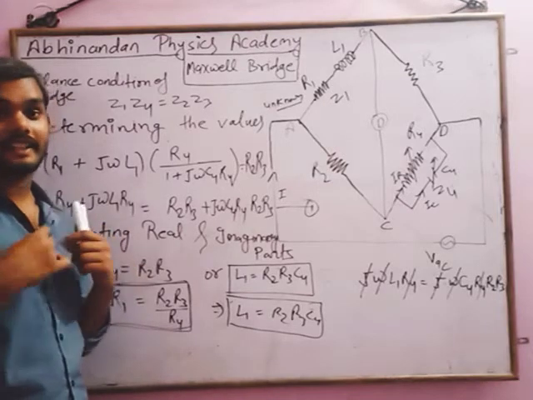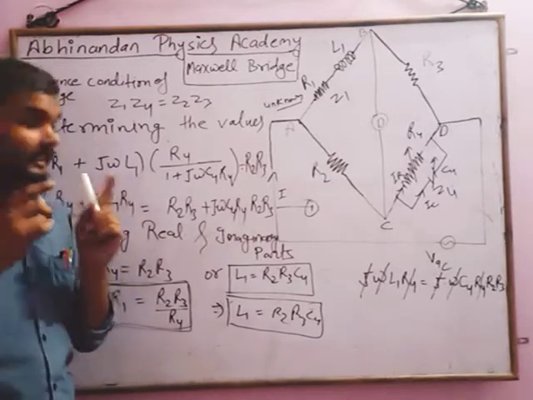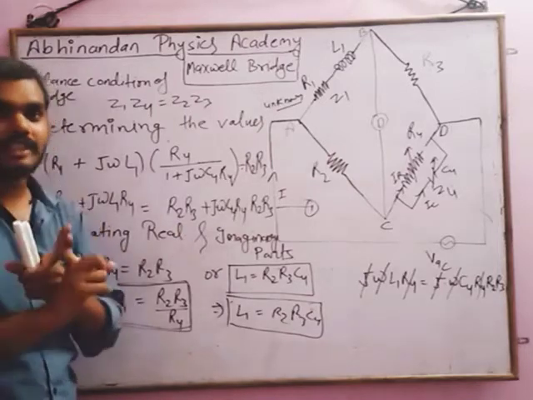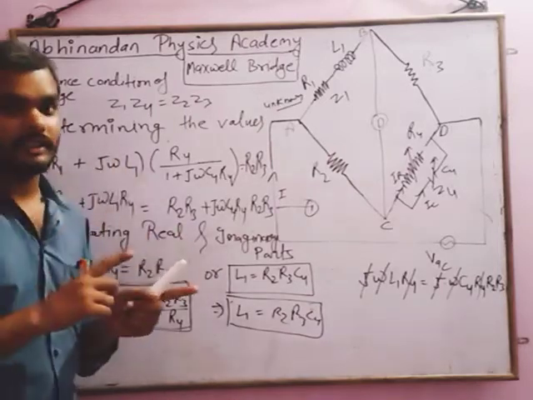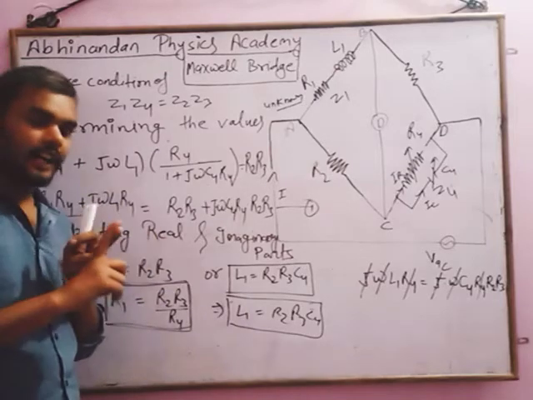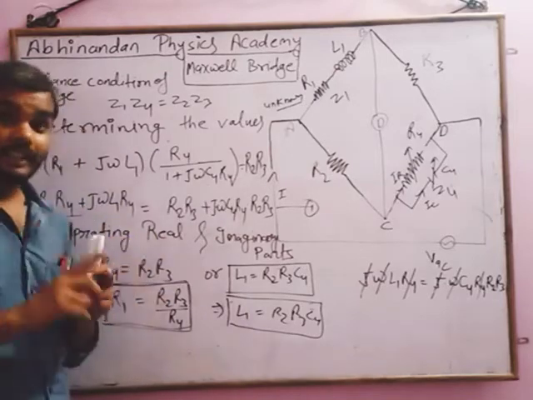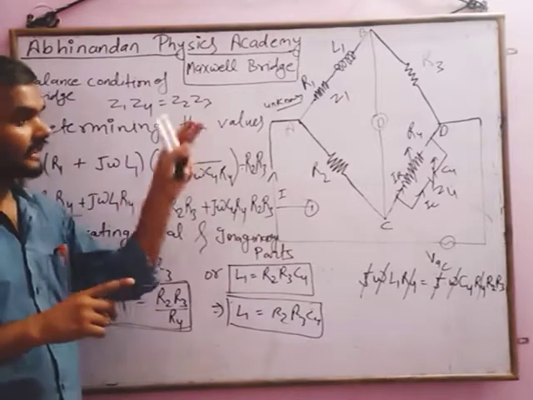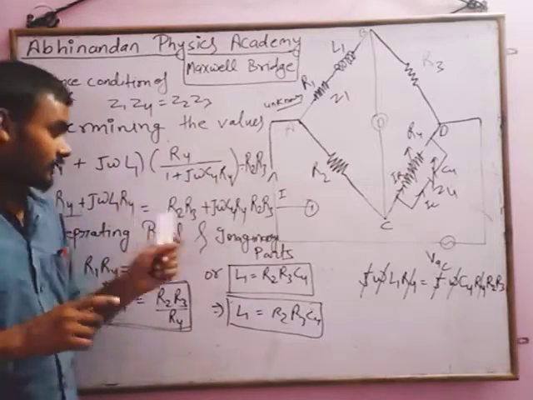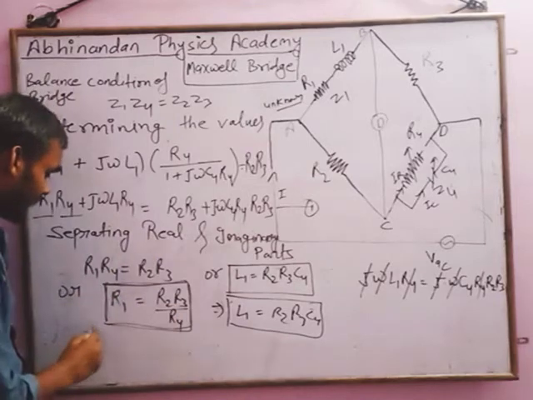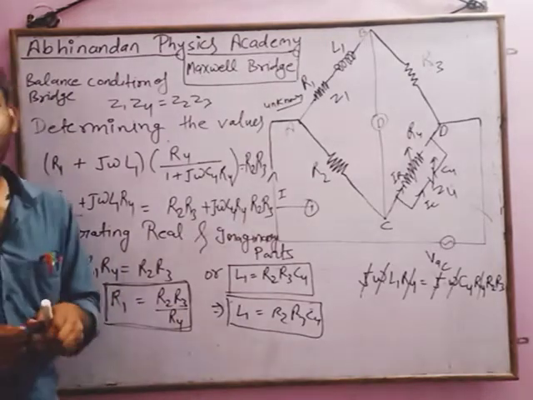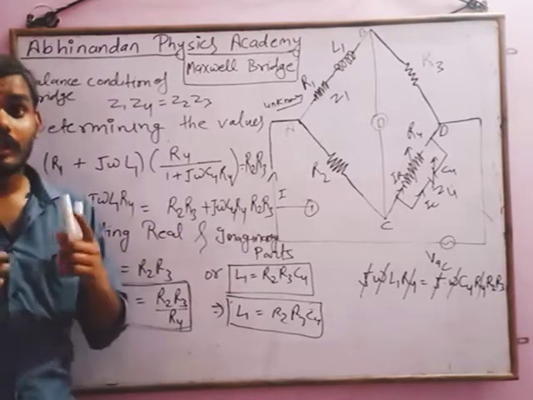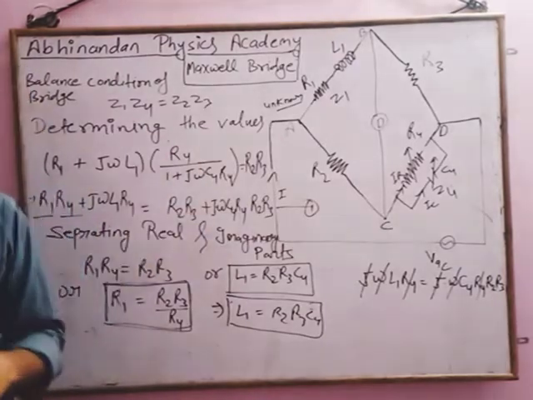The Wheatstone bridge is approximately similar to the Maxwell bridge, and we can find the resistance in the presence of self-inductance or any inductance and capacitance. So the doubt is clear, and we can discuss if you are not satisfied with this topic.